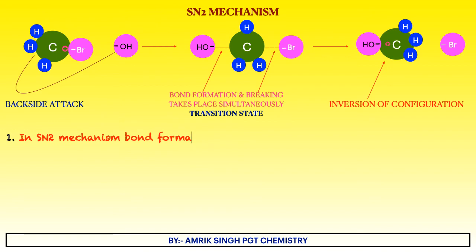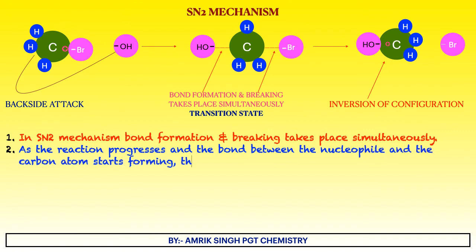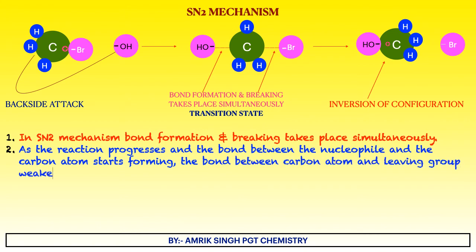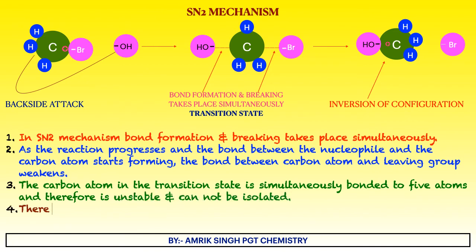Main points of this mechanism: in the SN2 mechanism, bond formation and breaking take place simultaneously as the reaction progresses. The bond between the nucleophile, OH negative, and the carbon atom starts forming, while the bond between the carbon atom and the leaving group weakens. The carbon atom in the transition state is simultaneously bonded to 5 atoms and therefore is unstable and cannot be isolated.